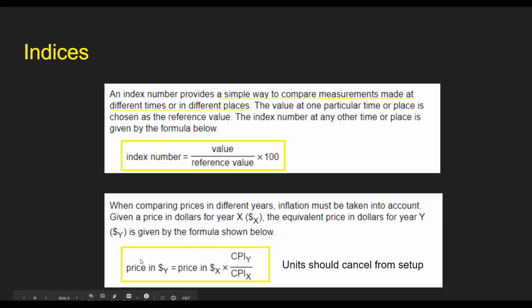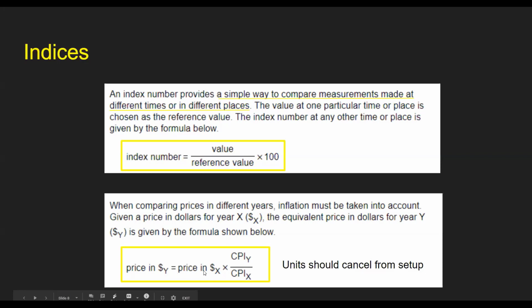The second equation that I have here, this is for comparing different prices or time locations. So the price, this says dollars sub Y. So this would be the price for a particular year or the price for a particular location in dollars is equal to, you'll notice that I changed the variable here. This would be if you were given a price already of something.